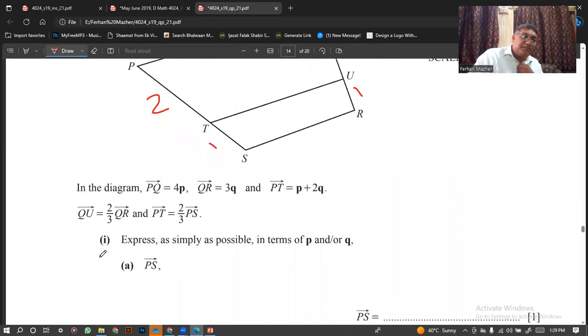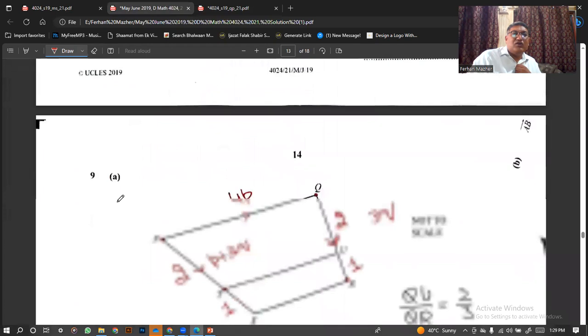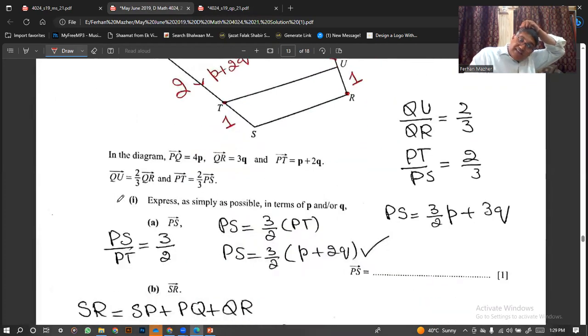Express as simply as possible in terms of P and or Q, the PS. So I want to go from P to S. Their question is PS. Okay.